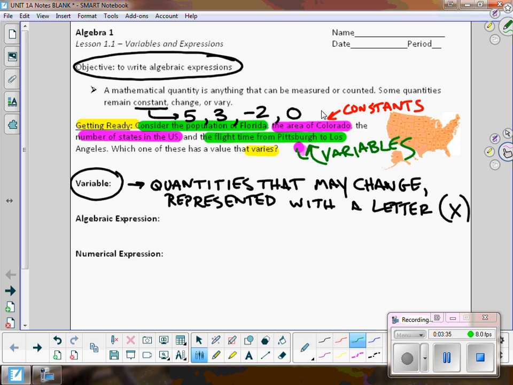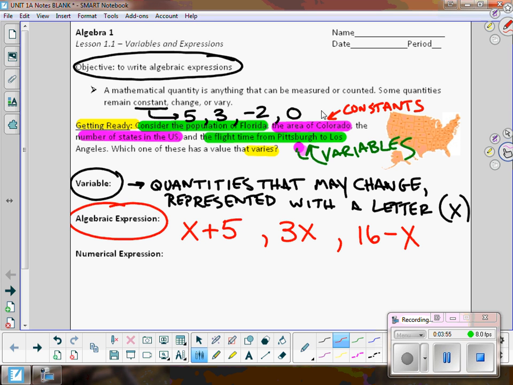An algebraic expression will be an expression that involves a variable and a constant, like x plus 5 or 3 times x, or how about 16 minus x. Those are all known as algebraic expressions, and there's really nothing we can do with them. There's nothing to solve.